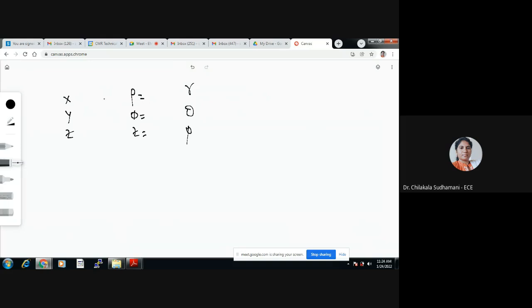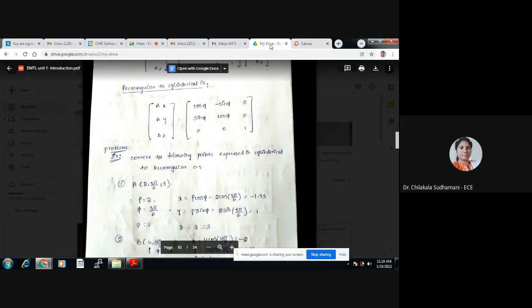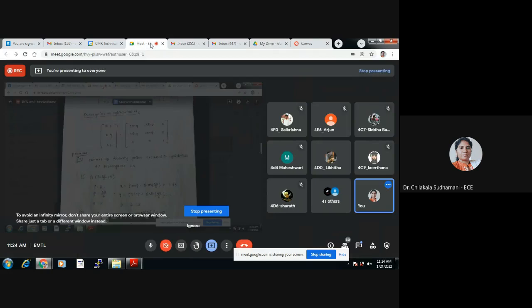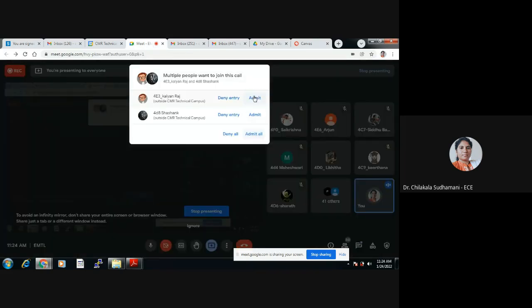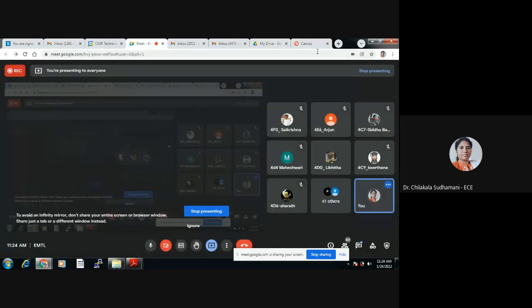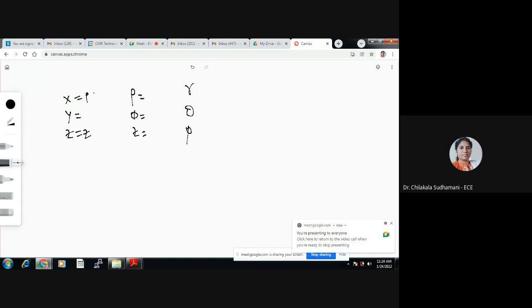So if rho, pi, z are given, what I want to find out? I want to find out x, y, z. Now what is the relation between cylindrical and Cartesian coordinate systems? Z is equal to z as it is, but x is equal to rho cos pi and y is equal to rho sin pi, right?